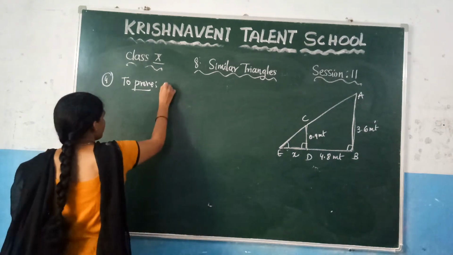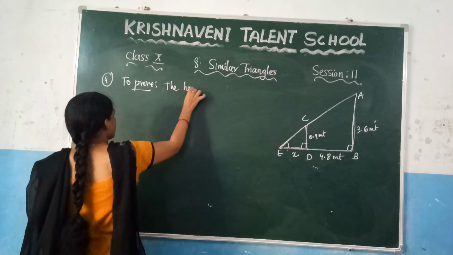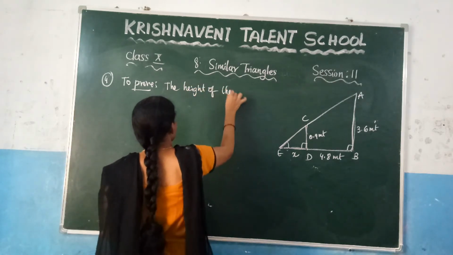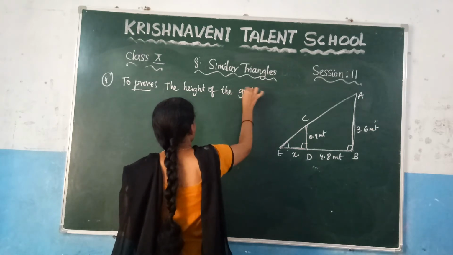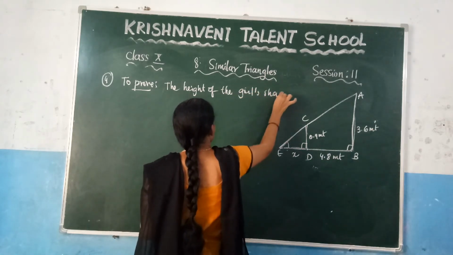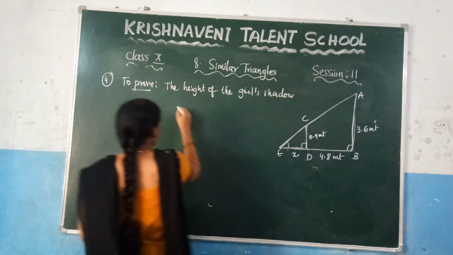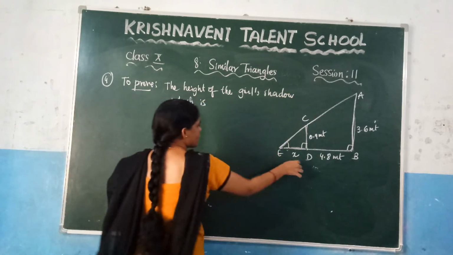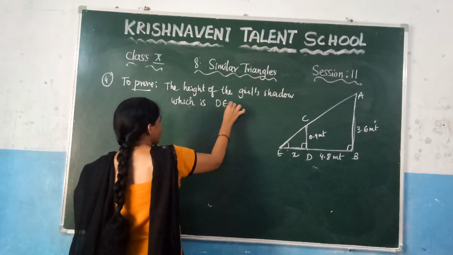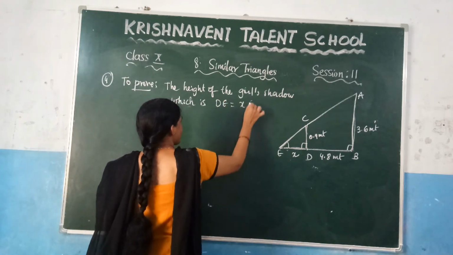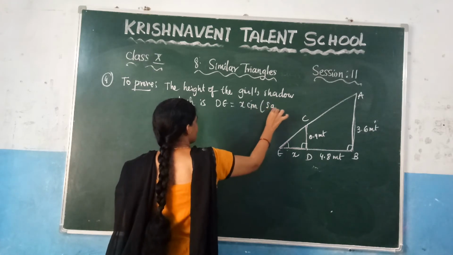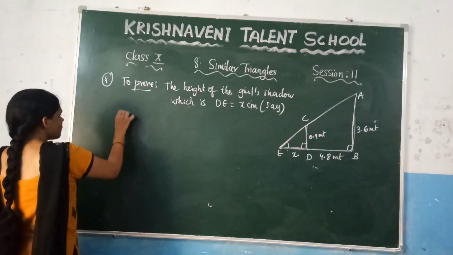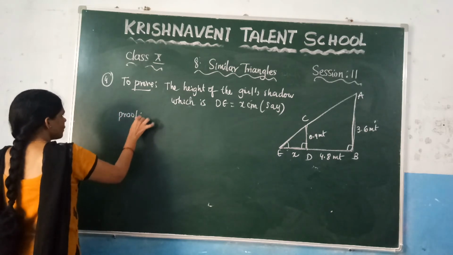So to prove girl's shadow, which is nothing but what is that one, which is DE. Let us take it as x centimeters. So this is we need to prove. Now write the proof of this theorem.